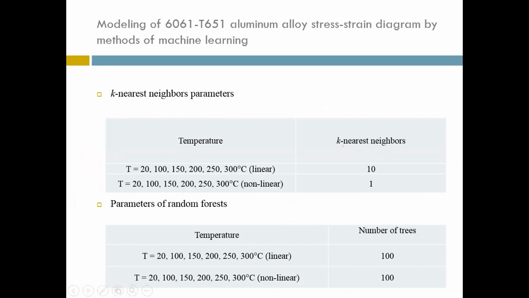For the first method of machine learning, K-nearest neighbors, we use K equal to 10 for the linear region, meaning we have 10 nearest neighbors, and for the non-linear region, we have only one nearest neighbor. For random forest, we use 100 trees in order to build the network.